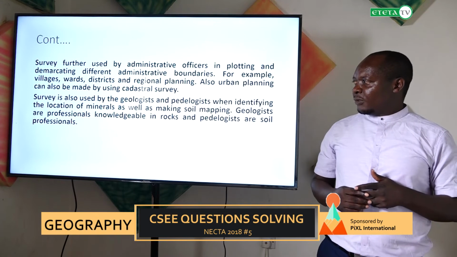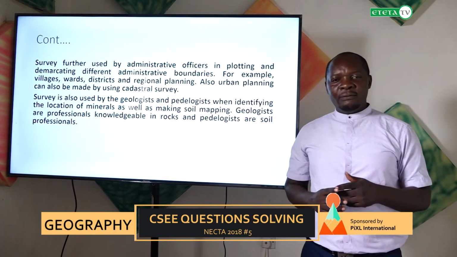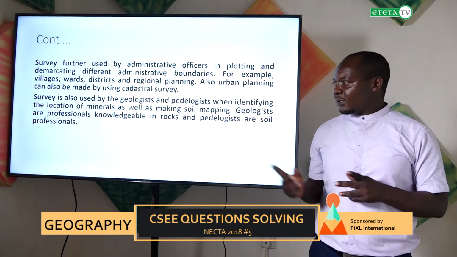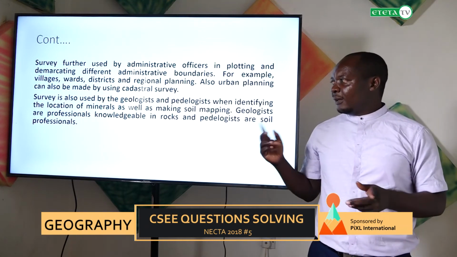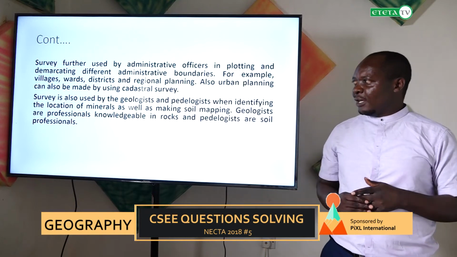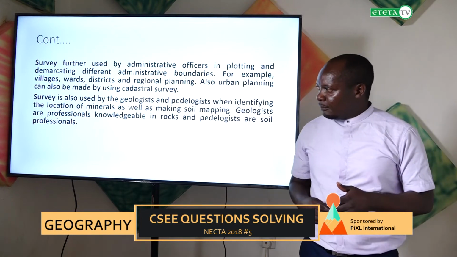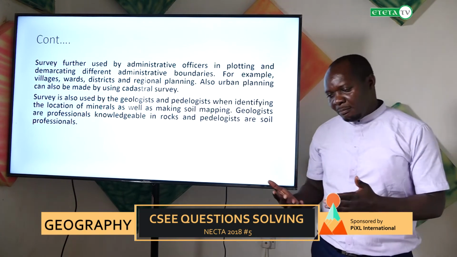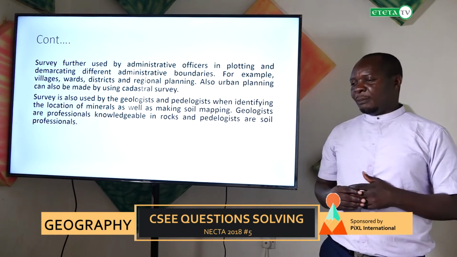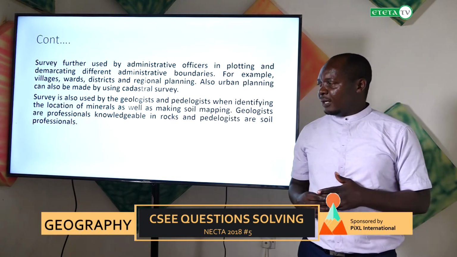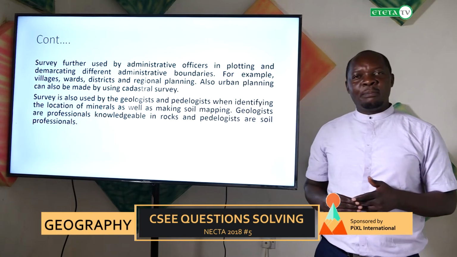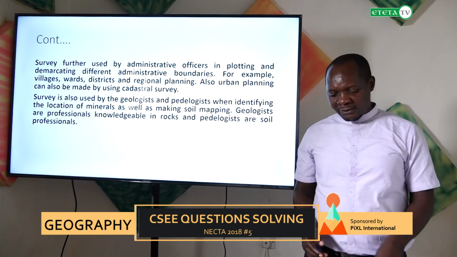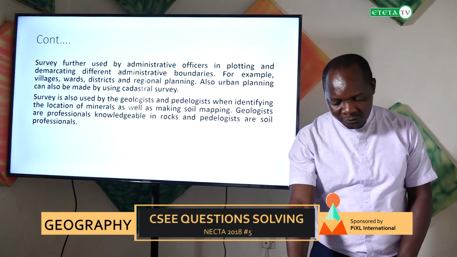Pedologists, when identifying varieties of soil type, also make survey. So survey is essentially used by these professionals, also when mapping the soil of a particular area, which eventually may inform farmers what type of crop has to be grown in that area.